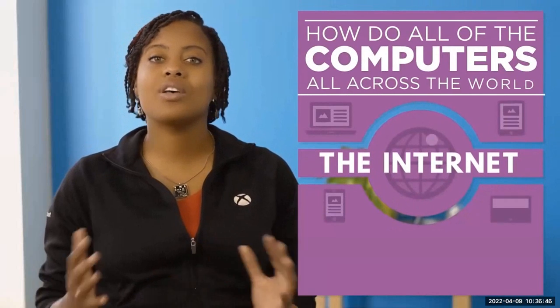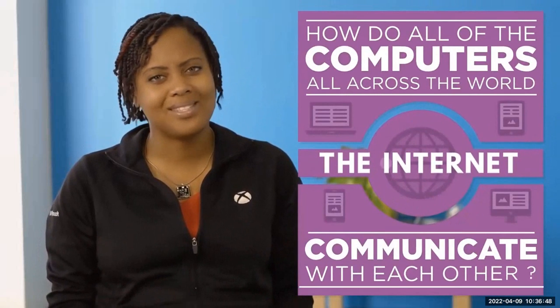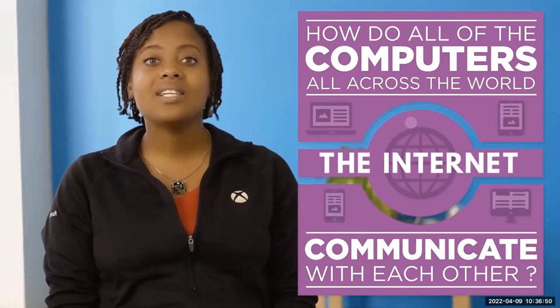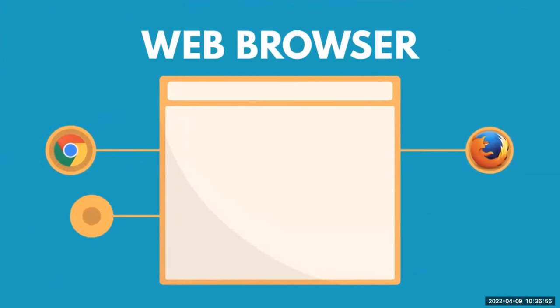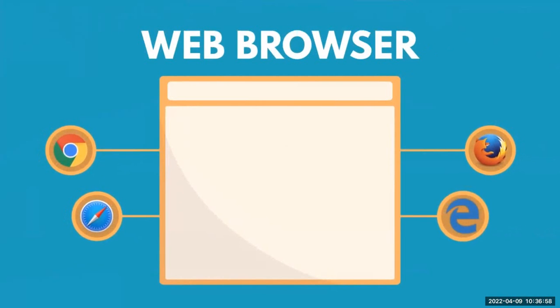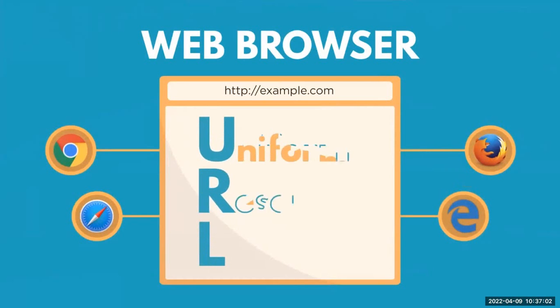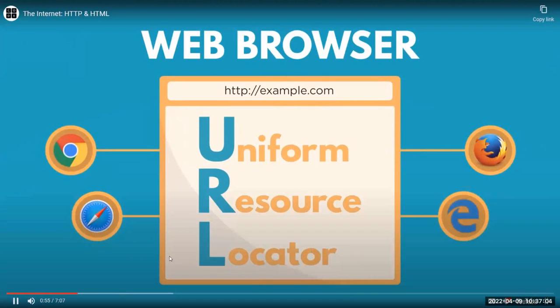But how does it work? How do the computers all across the world actually communicate with each other? Let's look at web browsing. First, you open a web browser. It's the app you use to access web pages. Next, you type in the web address or URL, which stands for Uniform Resource Locator, of the website you want to visit.